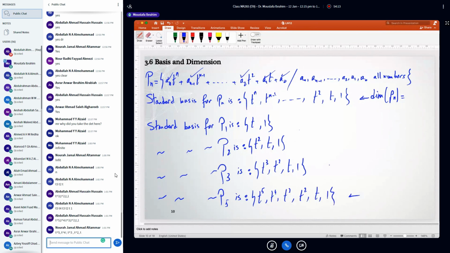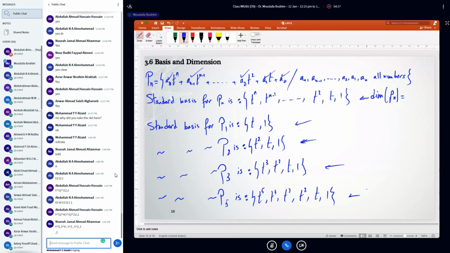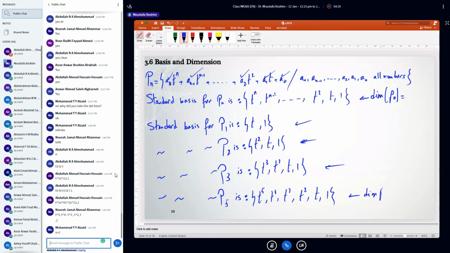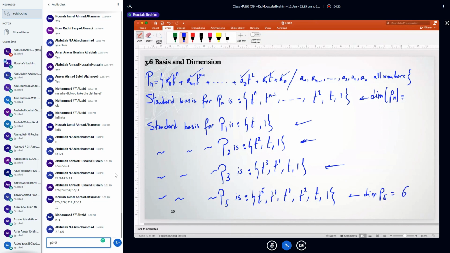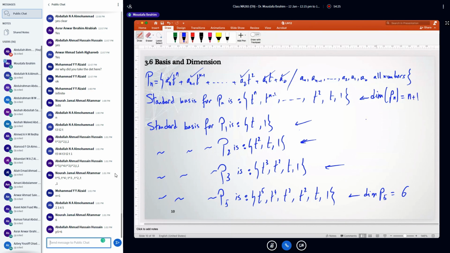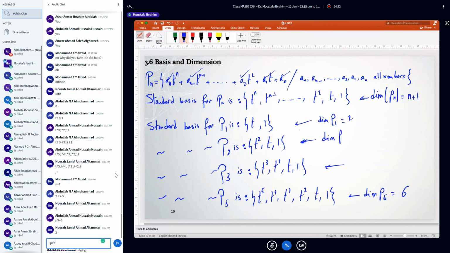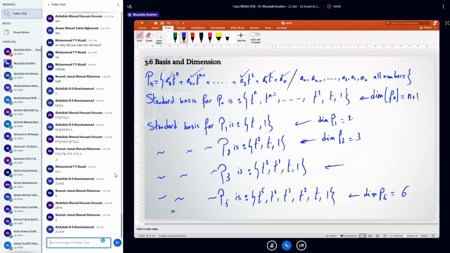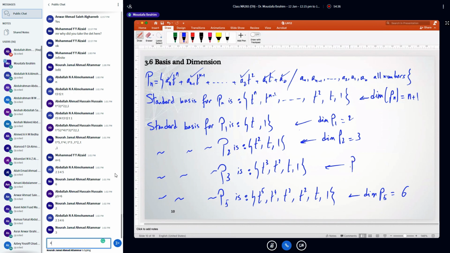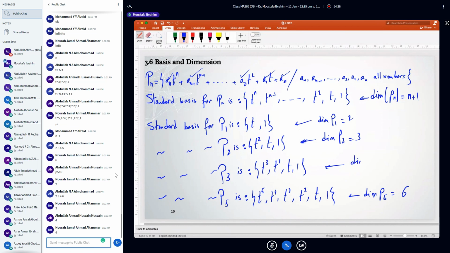Tell me, what's the dimension of each one? The dimension of P4, P5? Very good, 6. So here we get n plus 1. Dimension of P1 is 1 plus 1, 2. Dimension of P2 is 2 plus 1, 3. Count here, 1, 2, 3, correct? Dimension of P3 is 4.